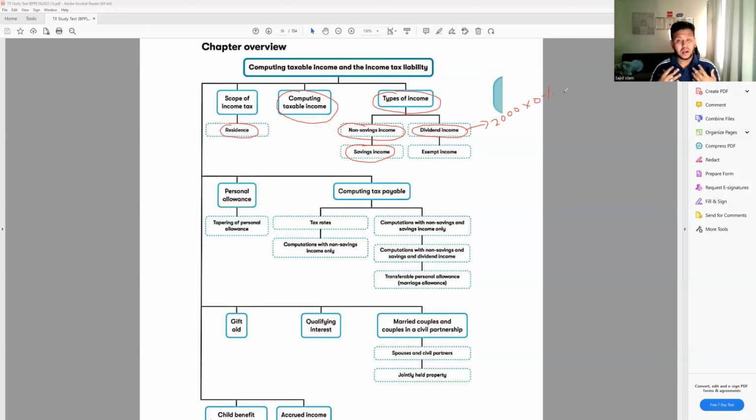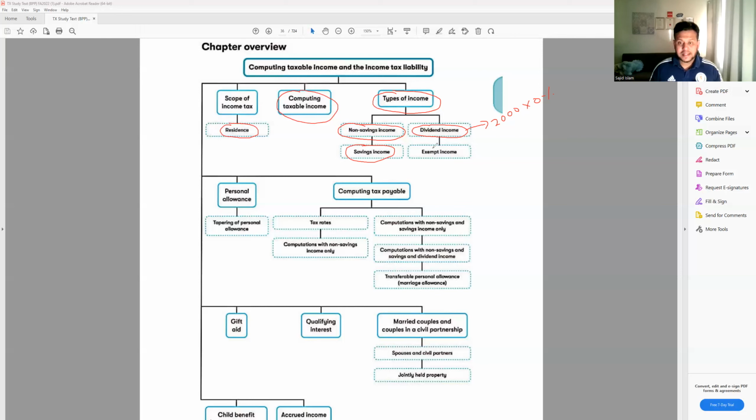It could be 2,000 or 2 million income, but the first 2,000 from the dividend is always tax-free. So if he receives 10,000, the first 2,000 will be zero rated. After that, it depends on his level of income, which band he falls into for the tax, and we calculate the tax based on that. But the first 2,000 is very simple: it is always zero rated.